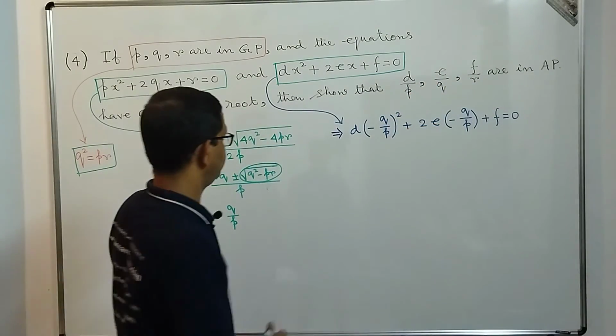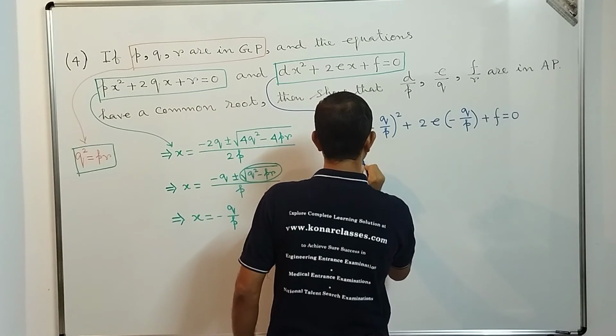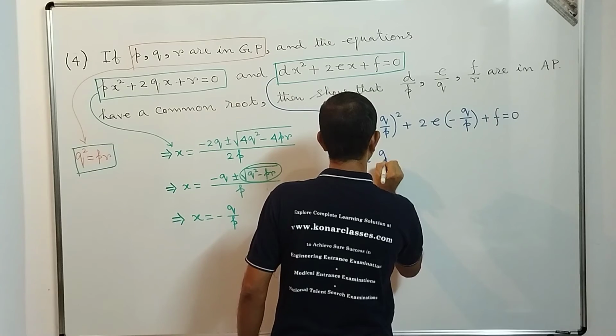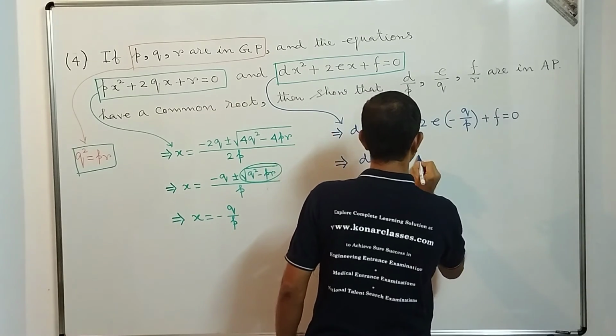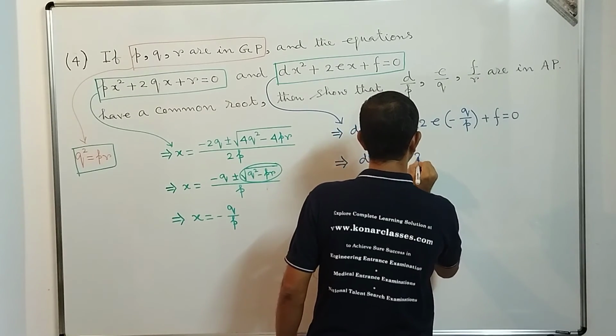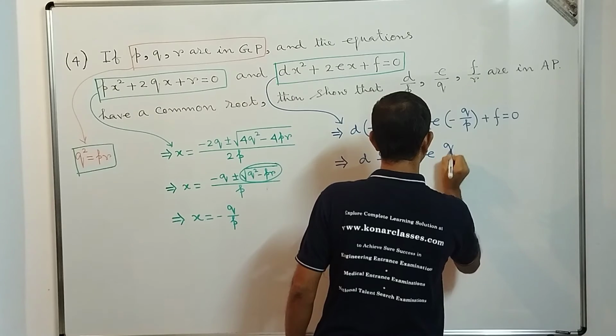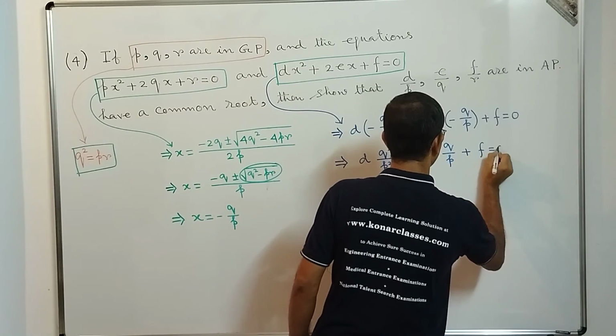How? Let's do it. So this implies d into q square divided by p square, minus 2 into e into q by p, plus f is equal to 0.